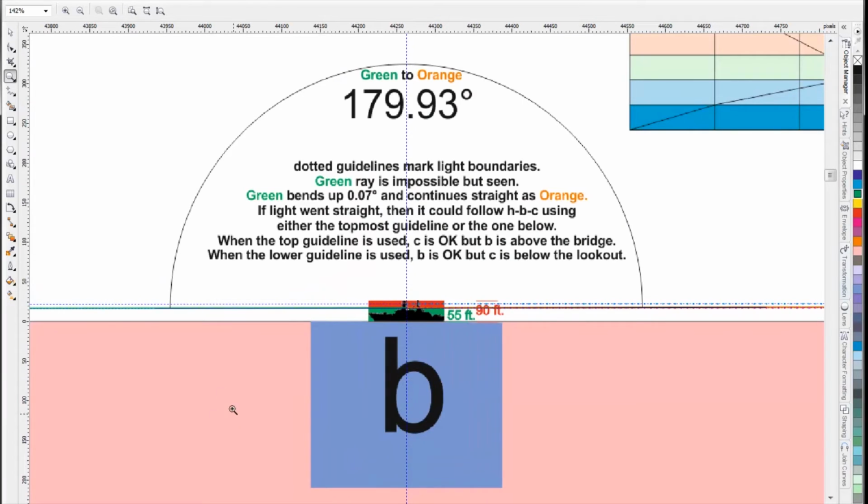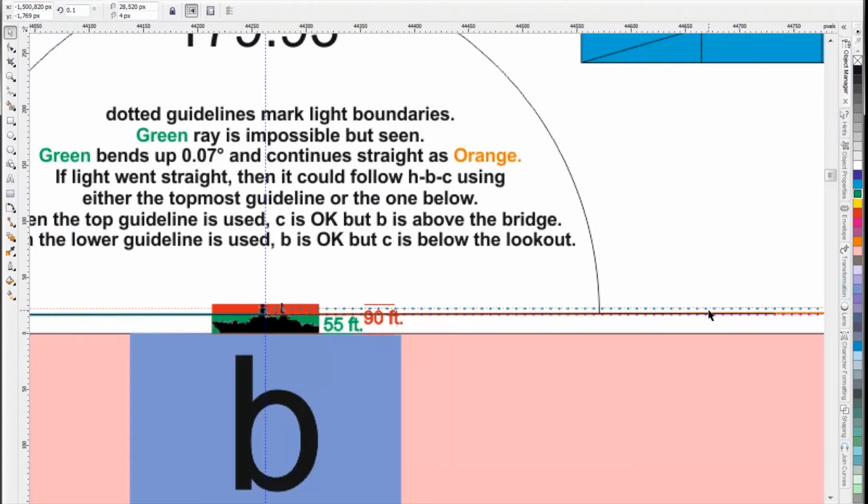So a straight line from the horizon to the bridge at B and then aloft at C is not possible. The light has to bend upwards in order to do that. No straight line is going to hit aloft from the horizon to the bridge to point C. It's not possible. This guideline is a straight dotted blue line.